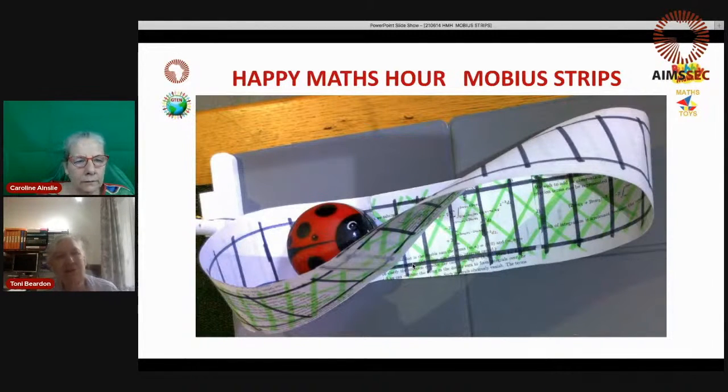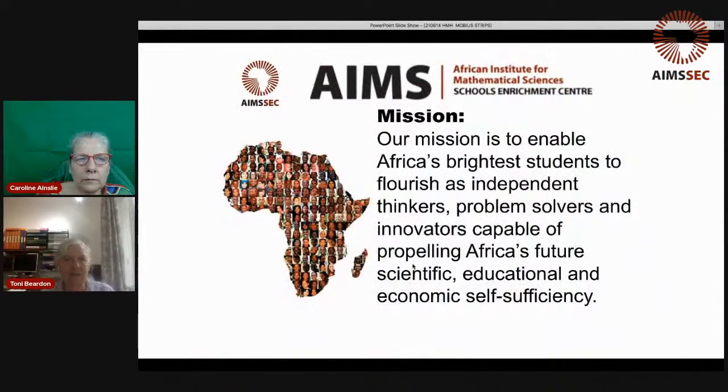But because we were talking about AIMS and the African Institute for Mathematical Sciences School Enrichment Center, which is one of my babies, something I've been working with now for 18 years, I want to just share a few more ideas about it. So there's Africa.